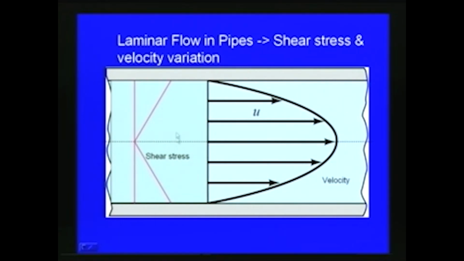The variation we can find from the earlier equations which we have derived for velocity as well as shear stress. So, for the pipe case of laminar flow we have found the various parameters: pressure variation, shear stress variation, velocity variation, and discharge variation.